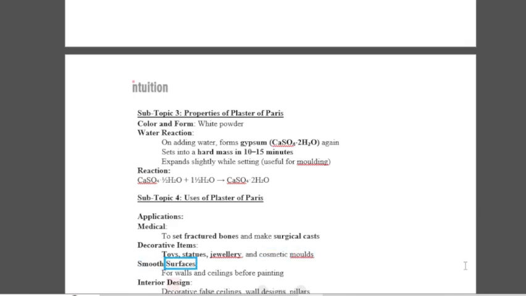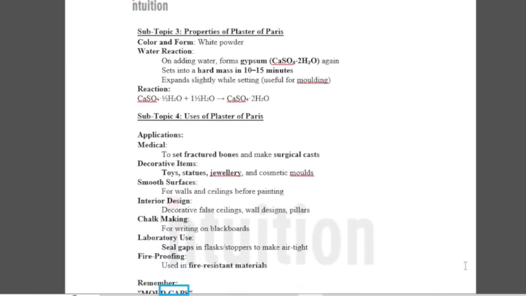Smooth surfaces for walls and ceilings before painting. Interior design: decorative false ceilings, wall designs, pillars. Chalk making for writing on blackboards. Laboratory use: seal gaps in flasks and stoppers to make them airtight. Fireproofing: used in fire-resistant materials.